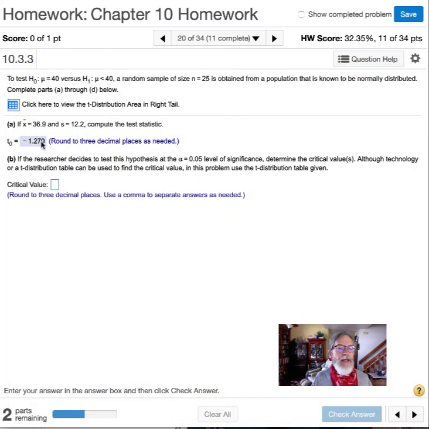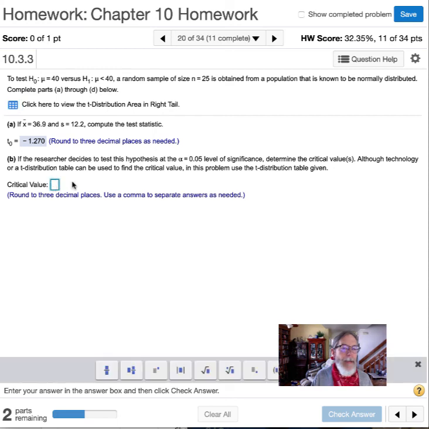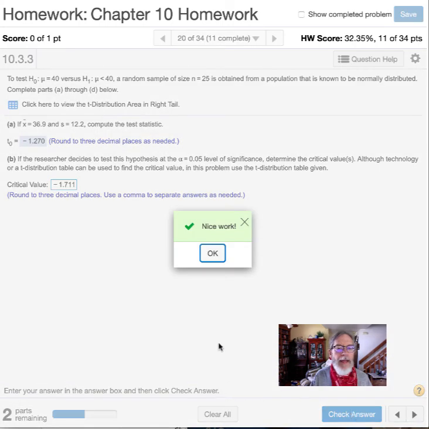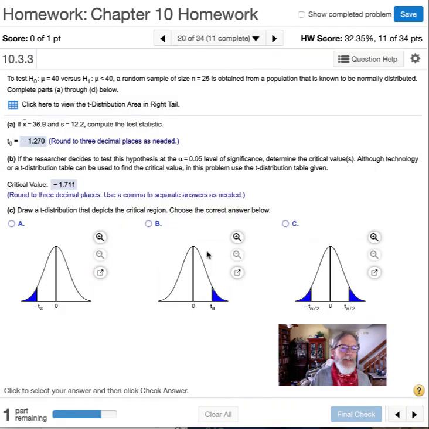and we are doing the left tail because we're saying less than the mean. So it's going to be negative 1.711. I actually wish this were before this.